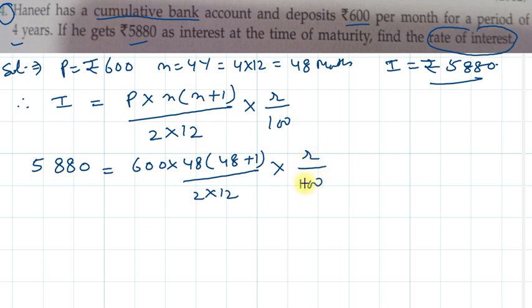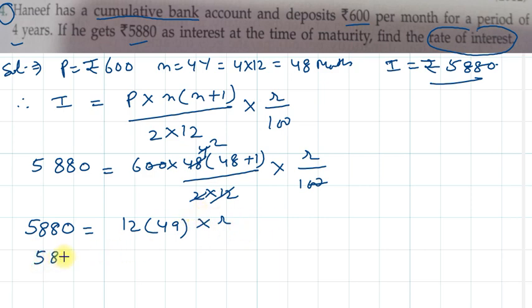So what we would do, this got cancelled, 12 4 ja 2 2 ja. So what would this become now? 6 2 ja 12, 12 into 49 into R, right? So 12 into 49, 12 9 ja 108, 12 4 ja 48 plus 10 58.